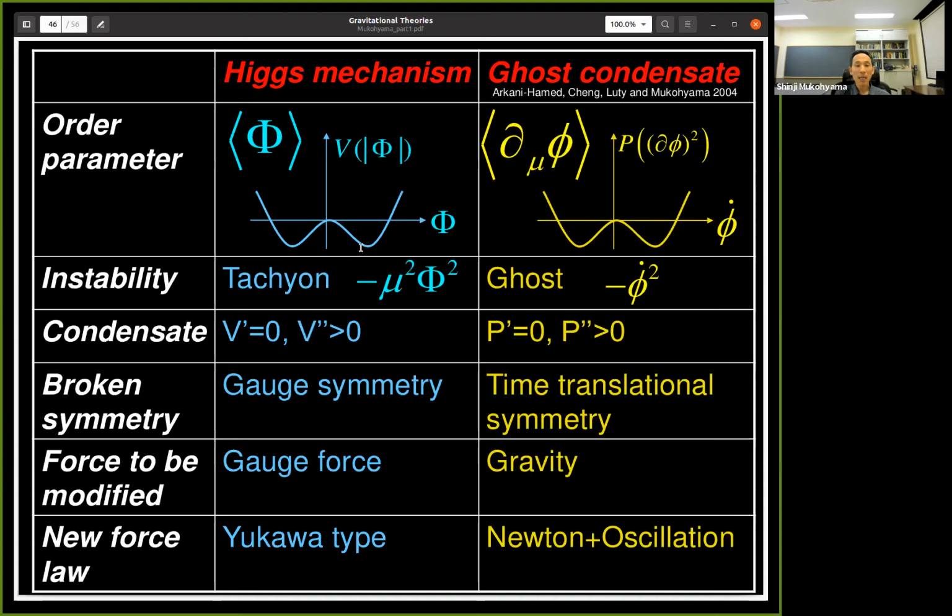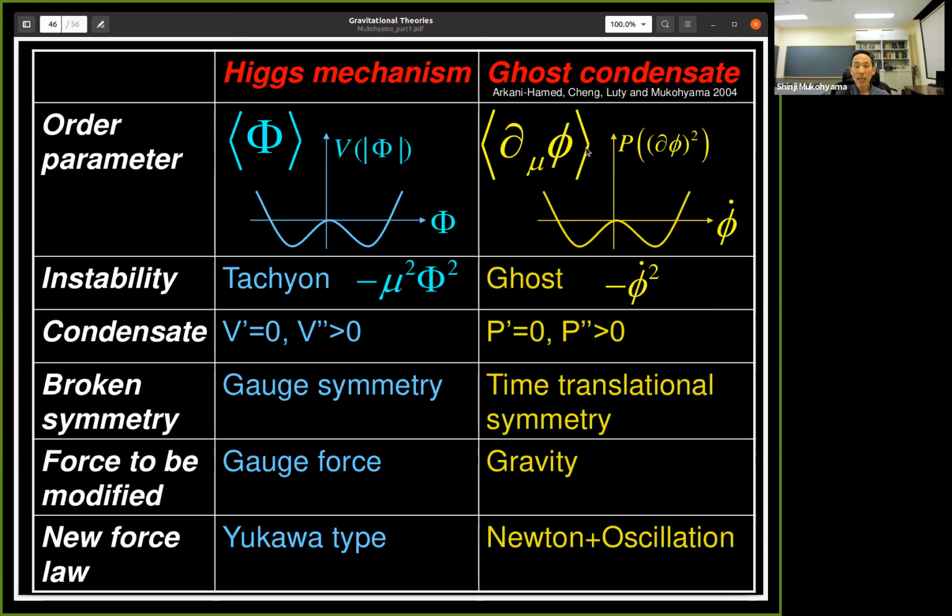In the case of the ghost condensate, instead of the vev of the scalar field, we consider the vev of its derivative. Vev means the vacuum expectation value, I mean the background value. The background value of the derivative of the scalar field is a kind of order parameter of symmetry breaking. How much symmetry is broken is measured by this value.